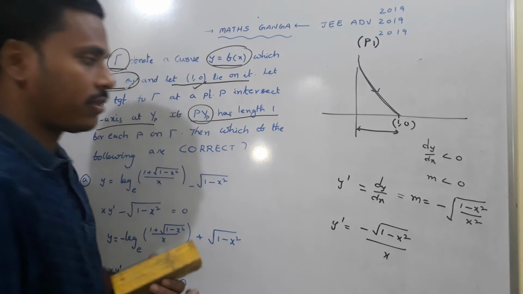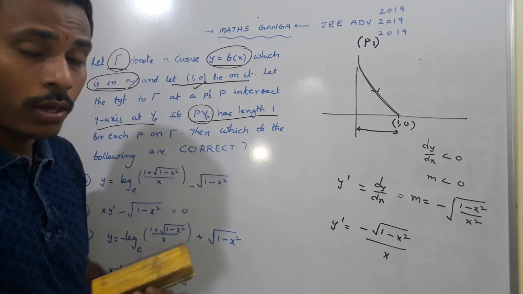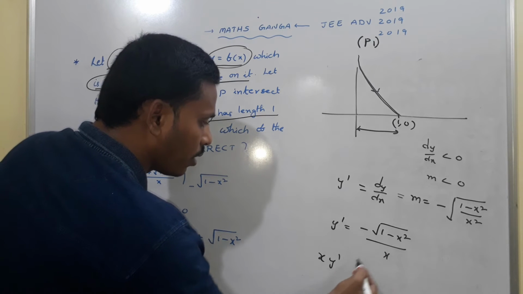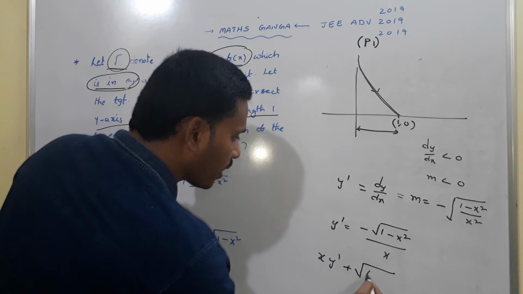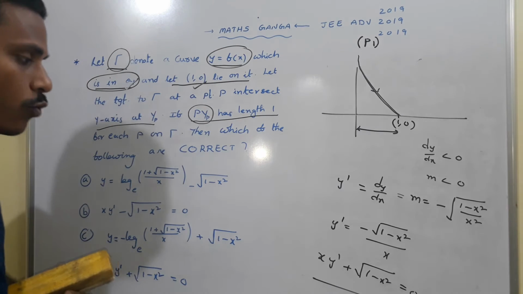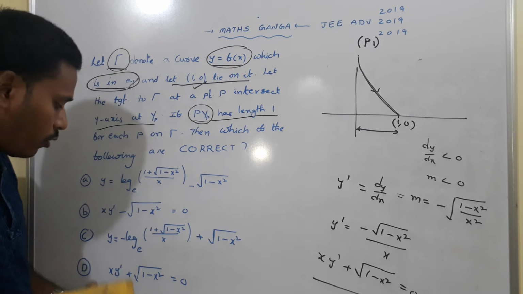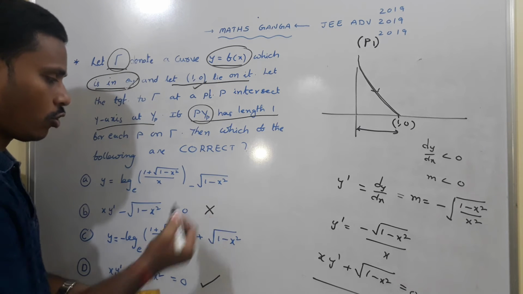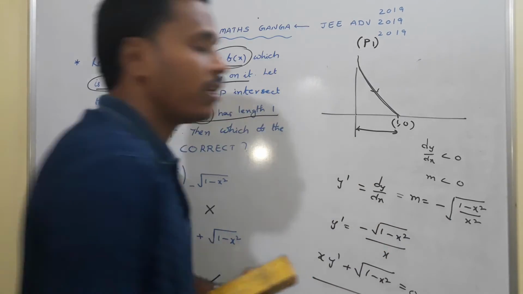Root x square is x, and since x is in the range of 0 to 1, mod x is x. So if you rearrange this, we have x y dash plus root of (1 minus x square) is equal to 0. So option D is our choice, but option B is not our choice because we are using the minus sign here.